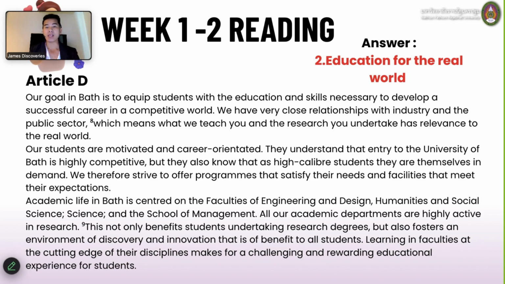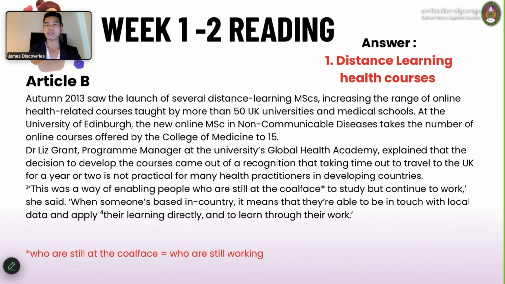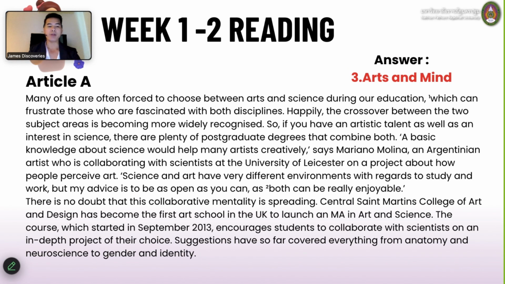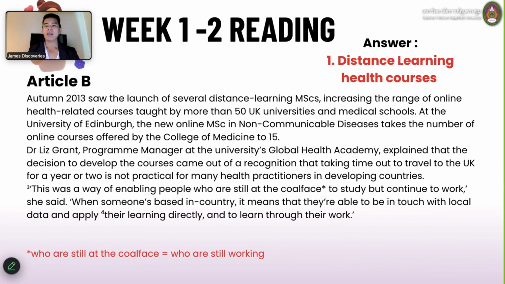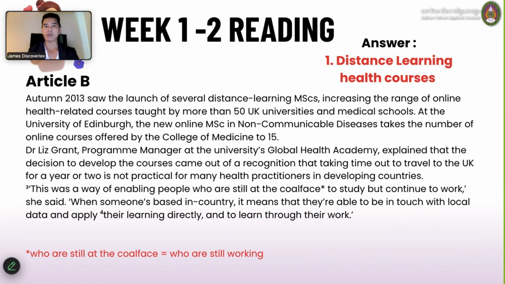I want you to read Articles A, B, C, and D because you have questions to be discussed with your partner. By the way, again, Article A is all about arts and minds. Article B is all about distance learning. And by the way, when you say who are still at the coal face, it means who are still working.